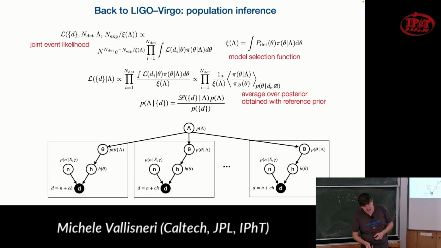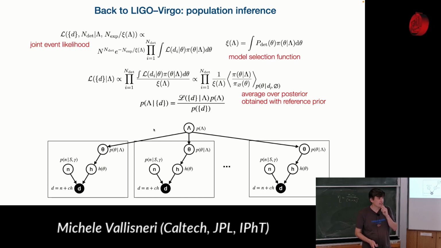And how it's done in practice is that the chains that I showed are obtained with reference priors, something simple, like a uniform distribution. So you can take those chains and you can reweight the likelihoods by the prior that you actually want. And the result is as if you were integrating the posterior against the astrophysical prior.